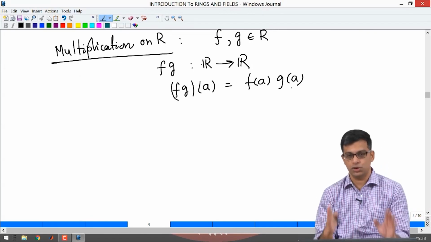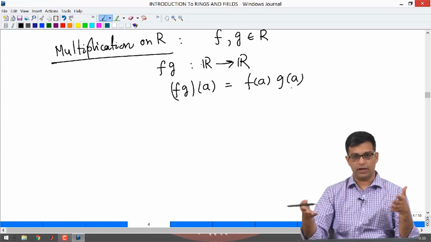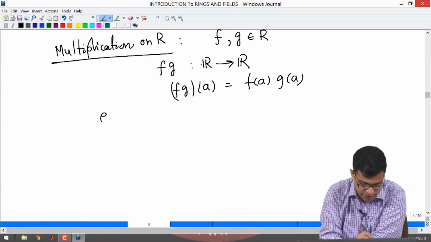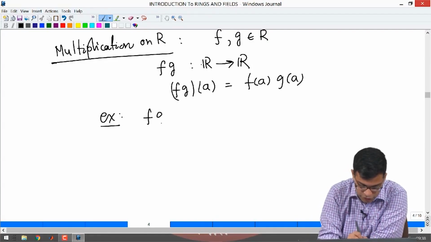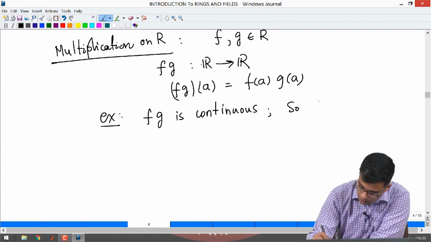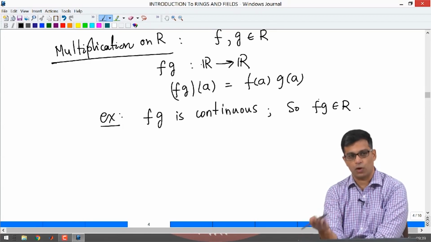So, again we are using the fact that real numbers have multiplication. Earlier we used the fact that real numbers have addition, here we are using the fact that real numbers have multiplication. It is an easy exercise to check that f g is continuous. So, f g is in R. So, if f and g are continuous, their product is continuous.